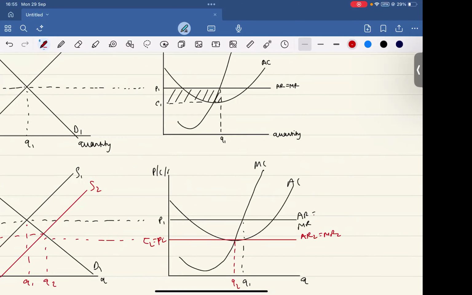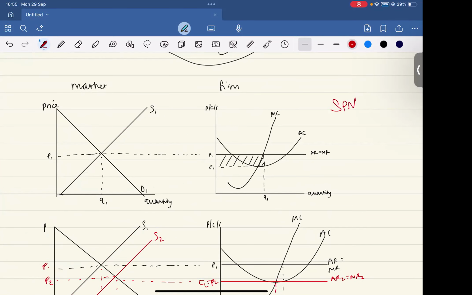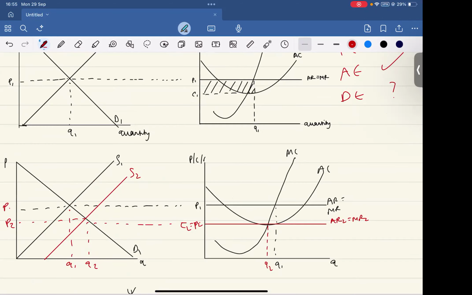So before, in the short run, we had supernormal profit, yes. We had productive efficiency, no. We had allocative efficiency, yes. Dynamic efficiency, we don't know. And then in the long run, we now have productive efficiency because we're at the bottom of the average cost curve.